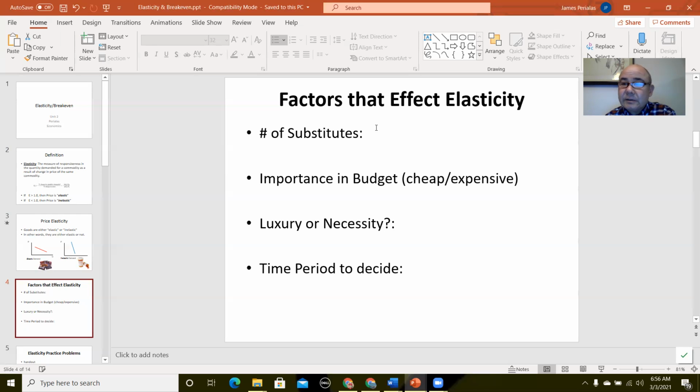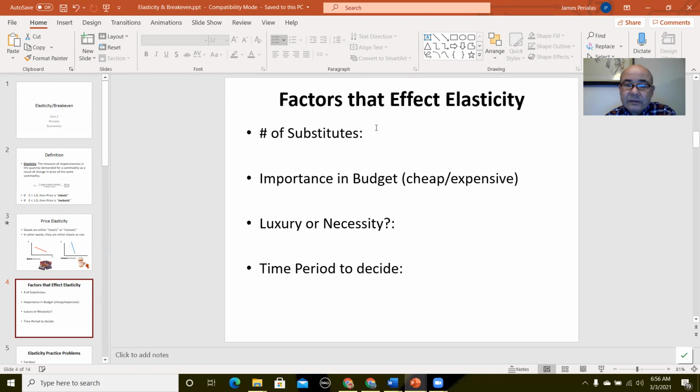A large yacht, or going on vacation, or luxury automobiles. These are obviously going to be things that are elastic in nature. Price sensitivity is going to be very elastic. Changes in price will cause significant changes in quantity demanded.